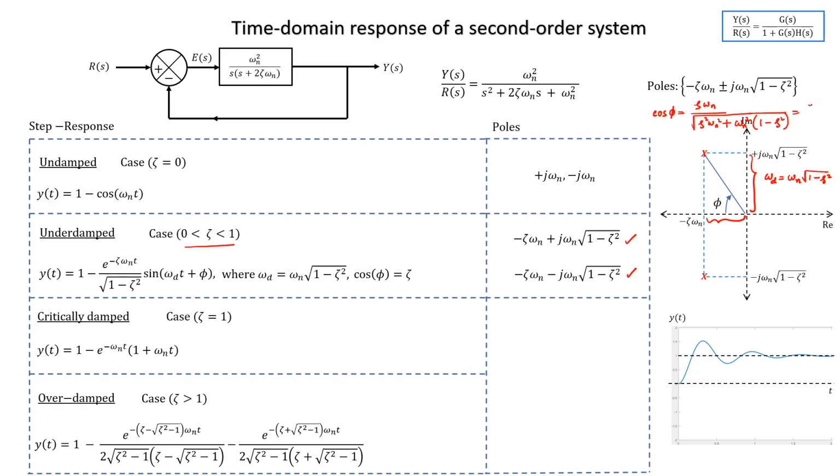You can see that this will come out to be zeta omega n by omega n, which means omega n will cancel out and you will get cos phi equal to zeta, and that is how we had defined phi, if you remember.